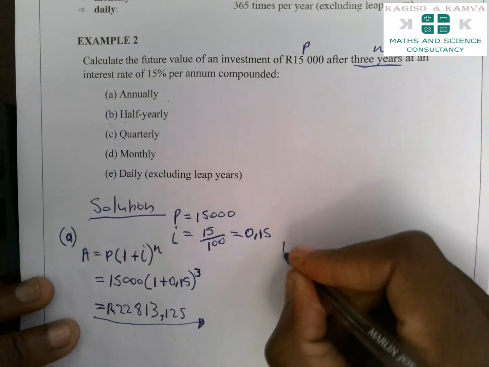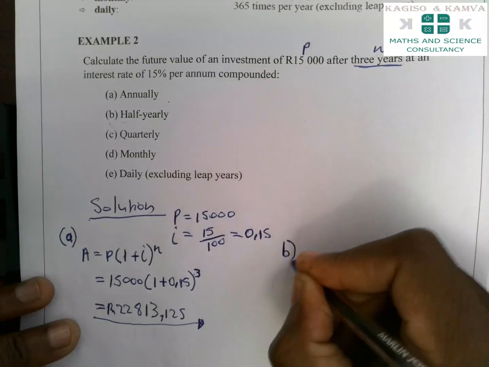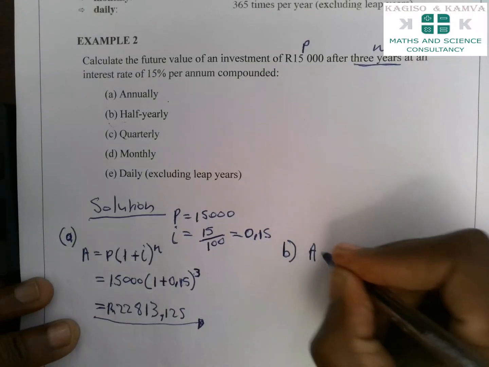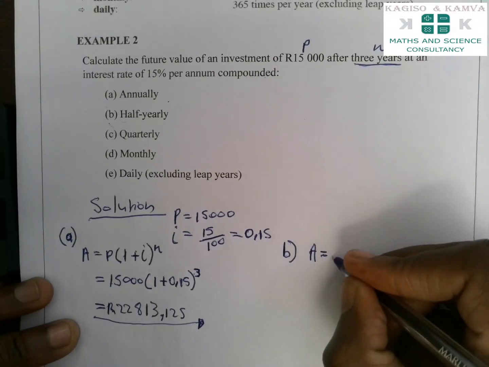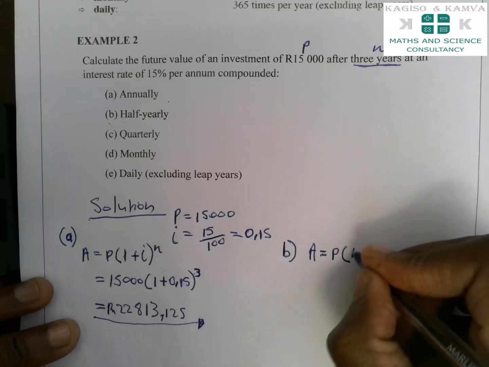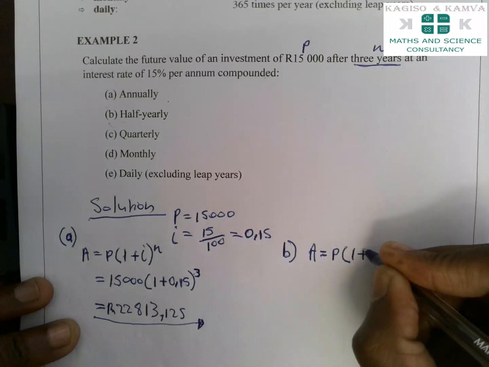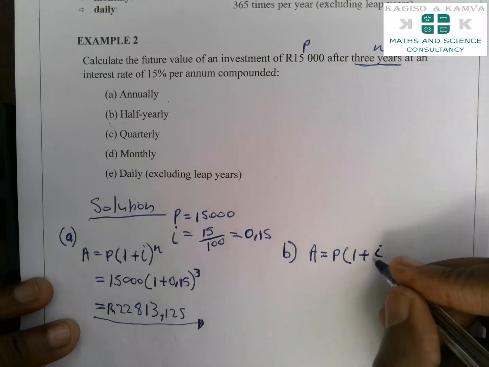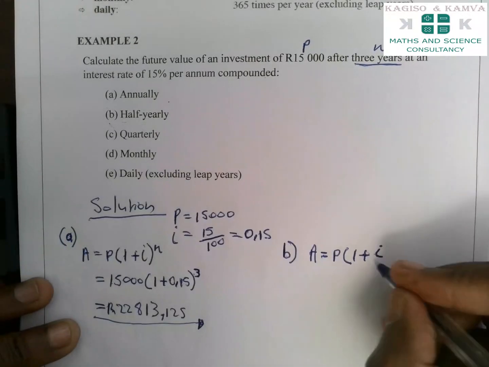Okay, B. How are we going to deal with B? With B, we're still going to have A equals P(1 + i/2) to the power n times 2, because it's half yearly.